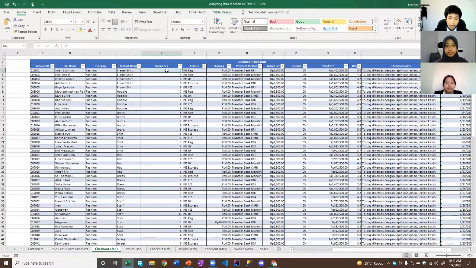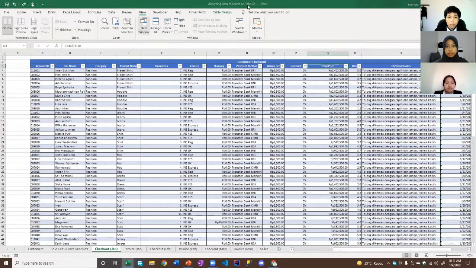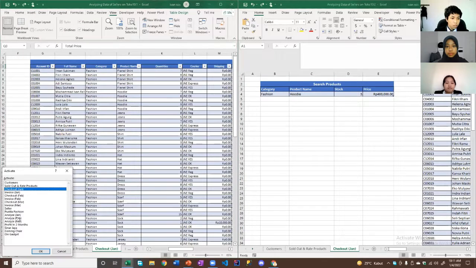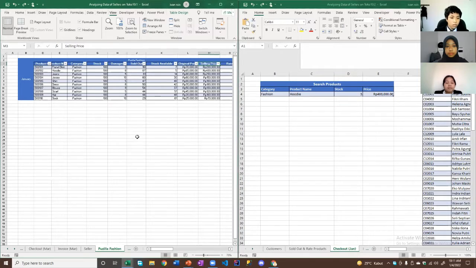For example, before I jump into the total price column, I'm going to split my window. Make sure you have already chosen the Mozilla version in this window.